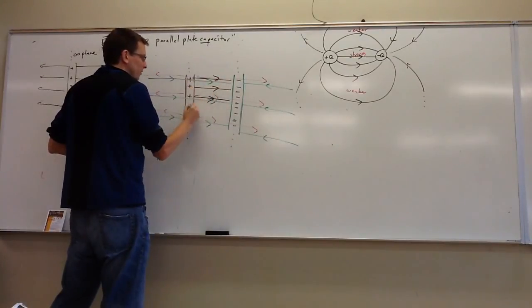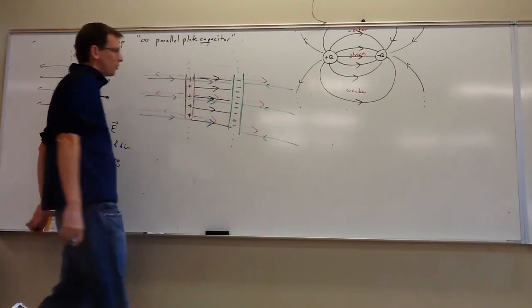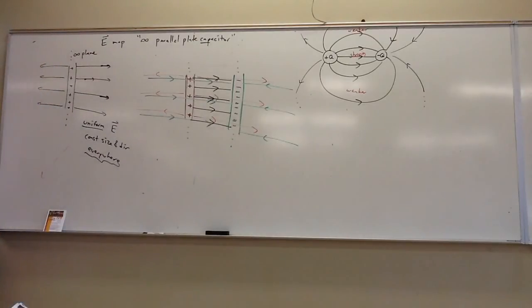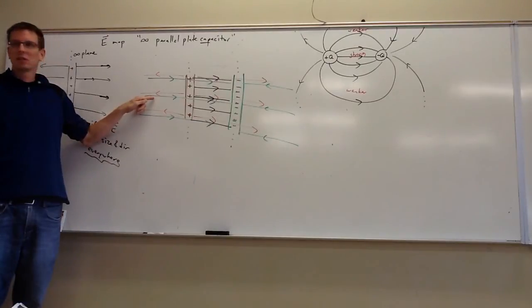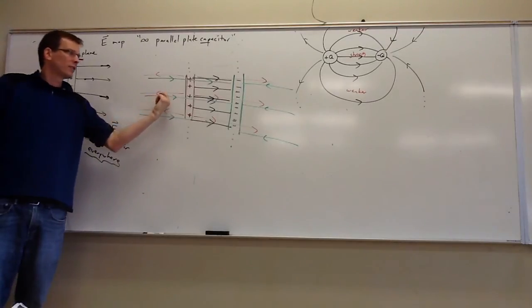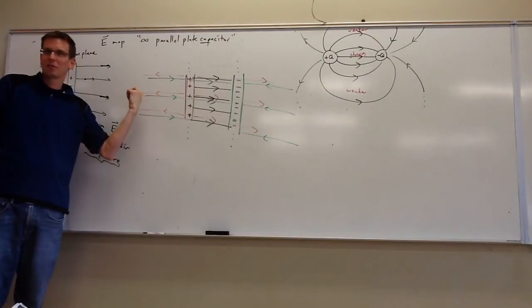I might draw it twice as dense, in fact, just because it's being reinforced double by the fact that I have two plates. And here's the tricky part, the outside of the plates, okay? So if we're, let's say, out here on the left, we're closer to the red plate, right? So you might think that the red one wins, except it doesn't.